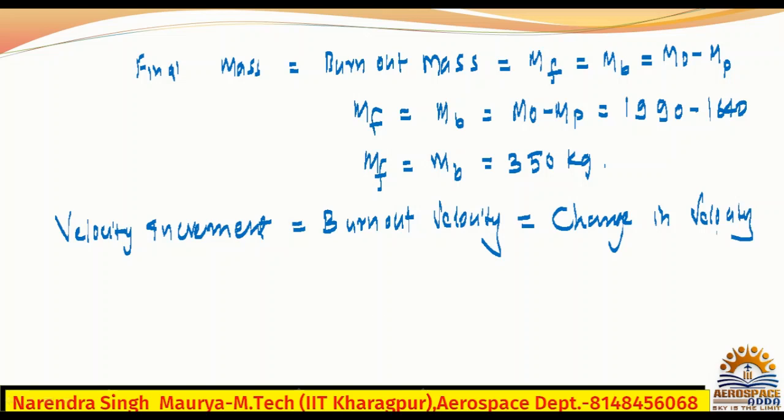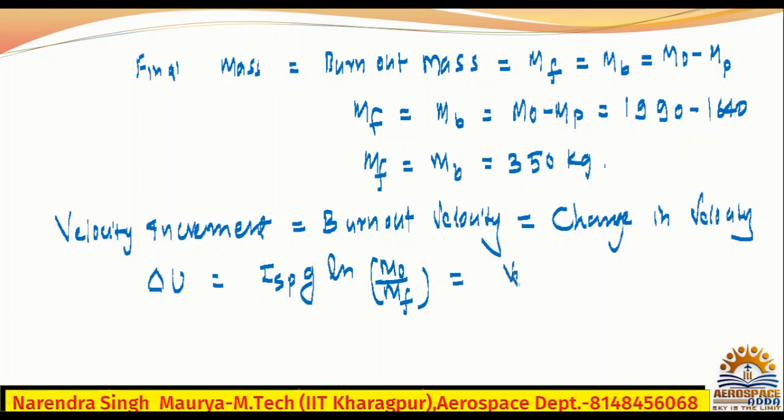All these terms are used in different questions. Delta U is nothing but Isp g ln m naught by mf, or you can also write it as V effective ln m naught by mf. How does it come?